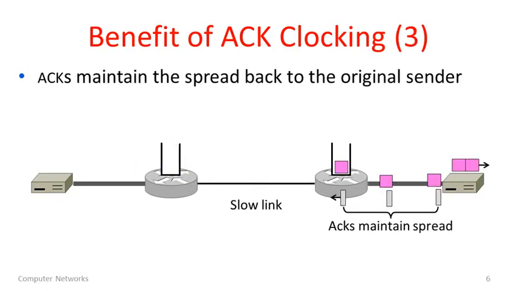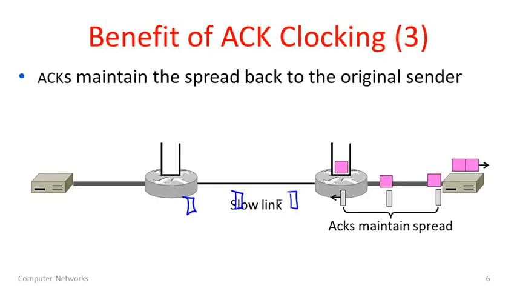The key point is that the ACKs are maintaining this spread or spacing of the packets, and this spacing is coming from the slow link, the bottleneck link. These ACKs are going to go through the network. As they go over this slow link, they will maintain their spacing. The slow link spreads packets apart until they're going slowly enough.